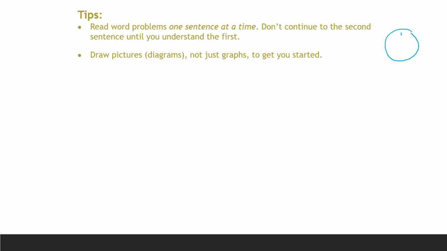If you're doing a clock question, it might help you to just draw a clock. Or if you're doing a Ferris wheel, maybe a Ferris wheel diagram, this is the ground down here. If there's a person going around the Ferris wheel, you might say this is the ground, this is 0 meters high, and if they give you the maximum height, you might have that there. So the diagrams, not just the graphs, can really be helpful too.